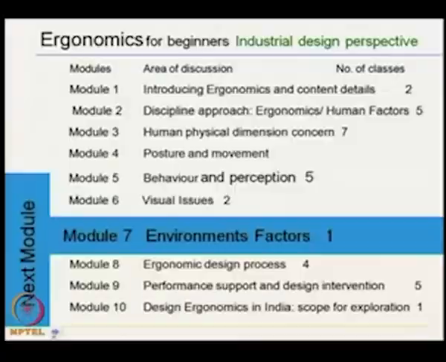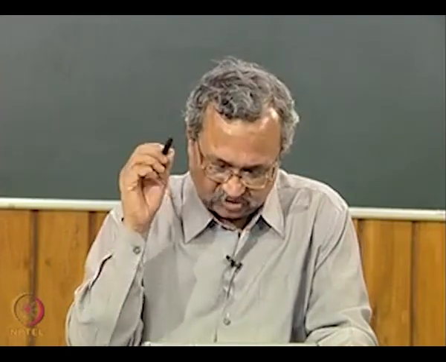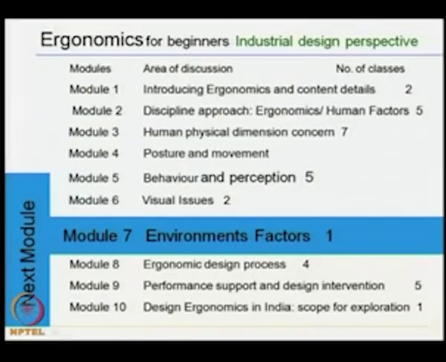So, with this, today we have finished the normal visual issues, and some of the points we have raised, like in the last slide about this counter matter, we will discuss in the next pages when we discuss specific designs.